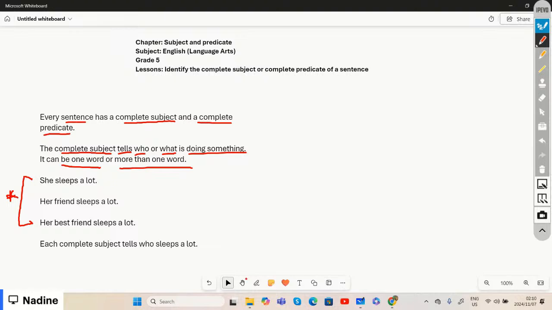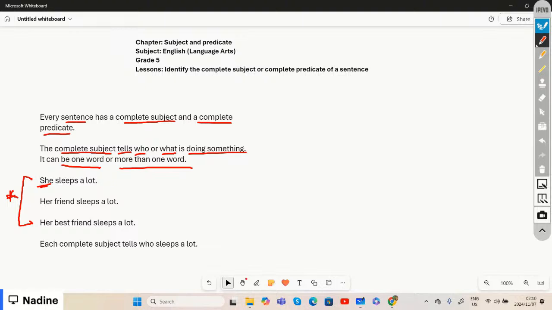If we were to select the subject of the sentence, then we will say she. What is she doing? She sleeps a lot. So, she is the subject.